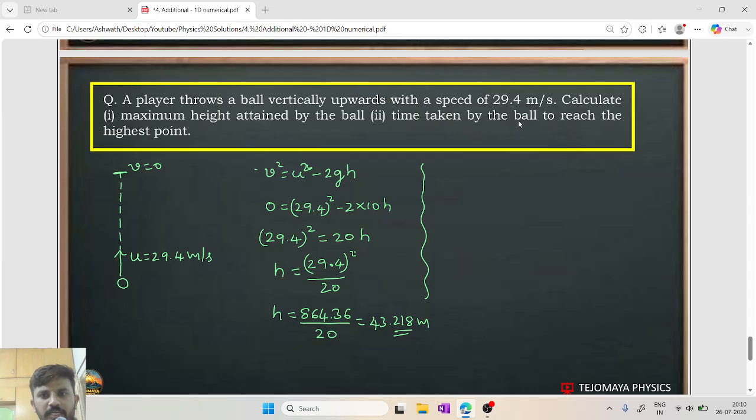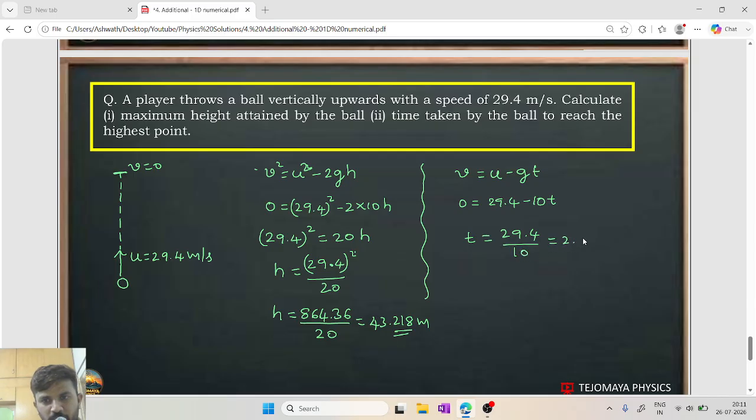Next, what is the time taken by the ball to reach the maximum height? You can use v is equal to u minus gt. So v is 0, u is 29.4 minus 9.8 or 10. Here I have already used 10, so I will use 10 only here. So t is equal to 29.4 divided by 10.